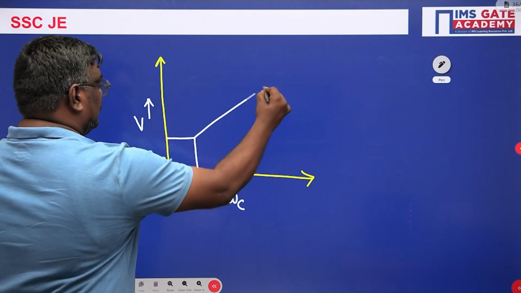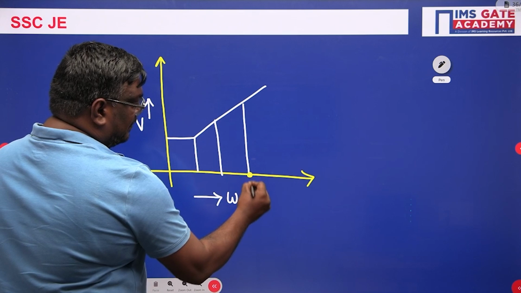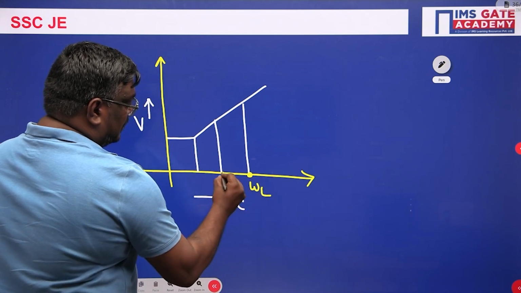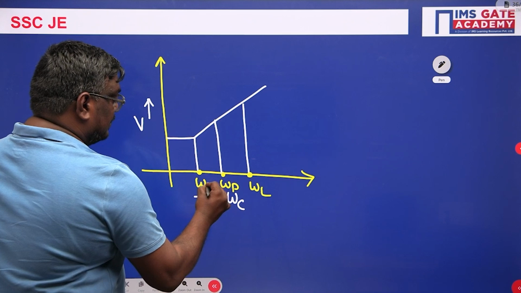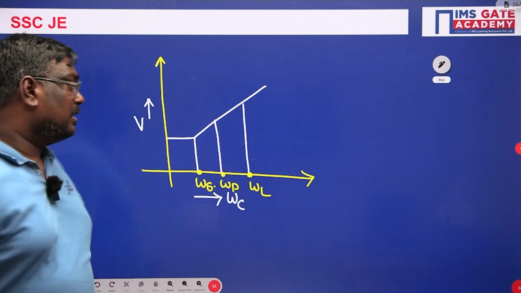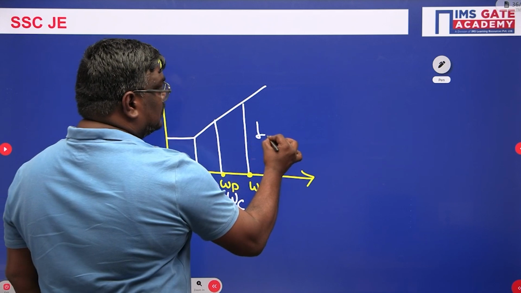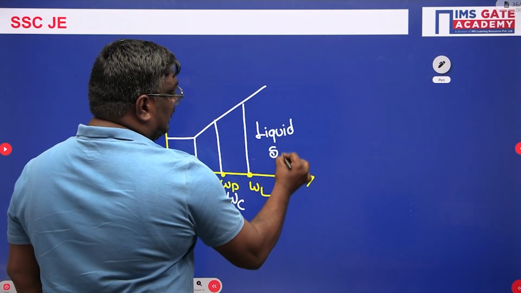As I told you, this is the liquid limit, this is the plastic limit, and this is the shrinkage limit. The state of the soil if it crosses the liquid limit is the liquid state.